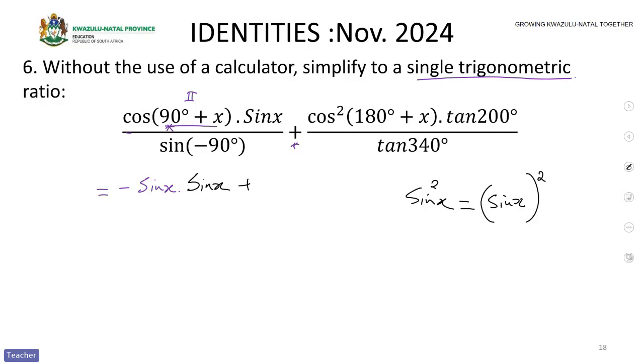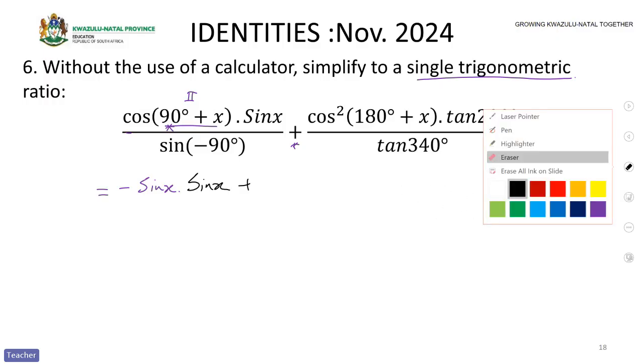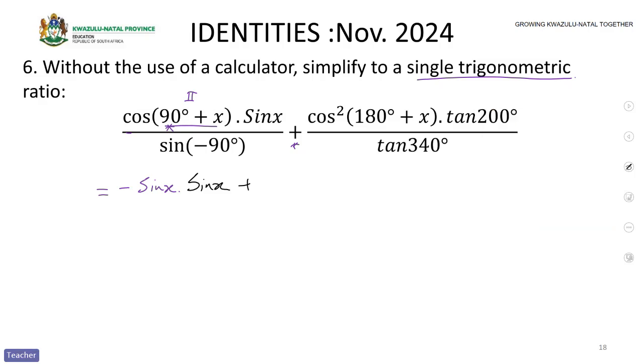So it squares the ratio of a function. Be careful when you write it, so that you don't lose marks unnecessarily. So this one can be expressed as cos of 180 degrees plus x, all squared.